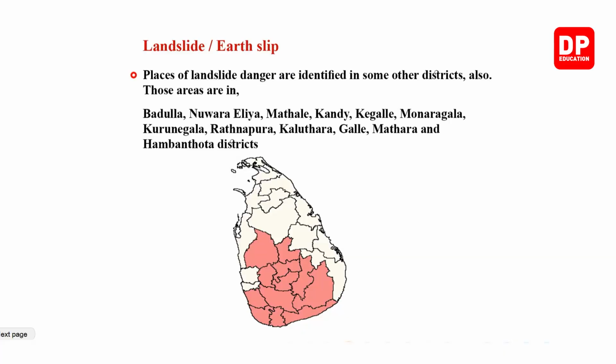Then, the places of landslide danger are identified in some other districts. Those are areas in Badulla, Nuwara Eliya, Matale, Kandy, Kegalle, Monaragala, Kurunegala, Ratnapura, Kalutara, Galle, Matara and Hambantota districts.